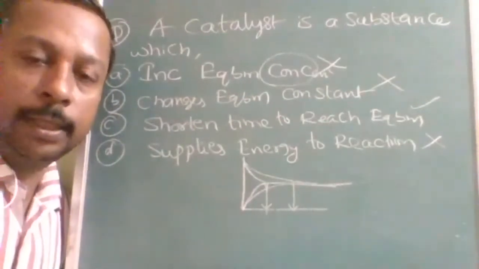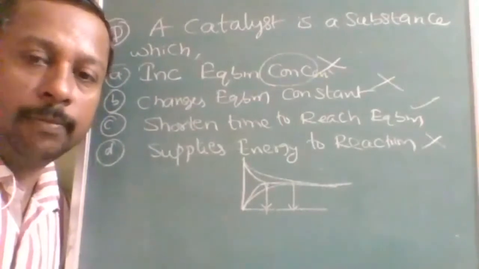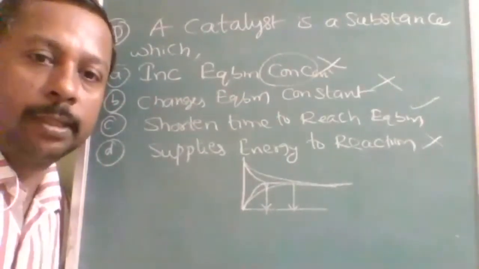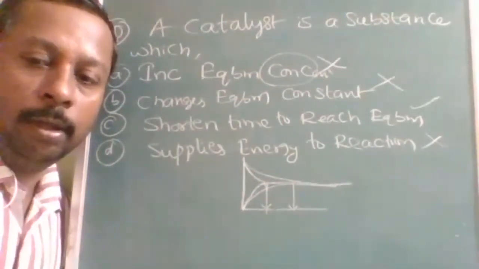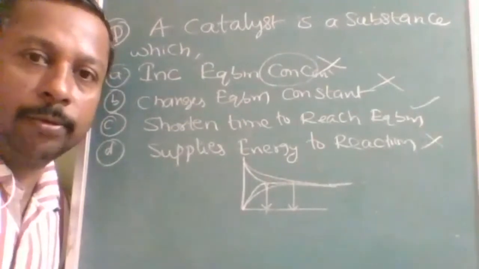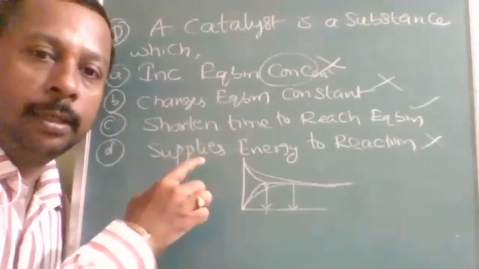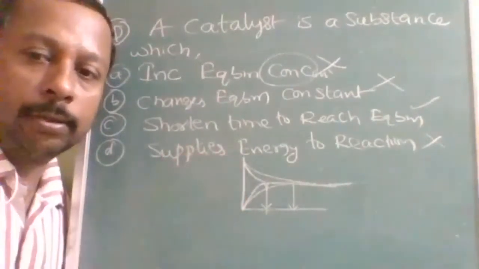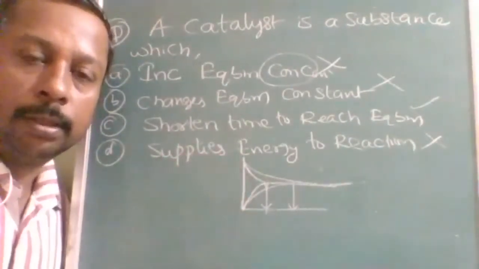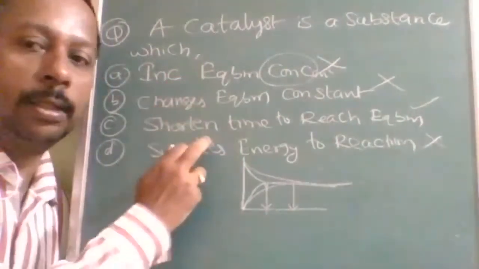Only the time will be reduced, and also activation energy will be reduced. Some catalysts increase or decrease time. Now here that question is not there, no? If any option says increases time, then that would also be correct. Is it understood? So this is wrong, this is wrong, this is wrong, only this option is correct.